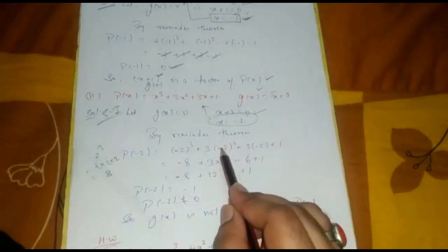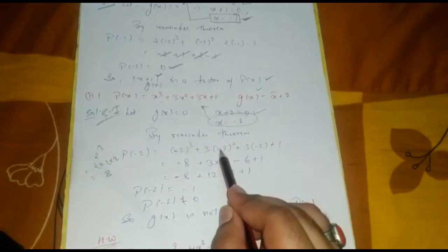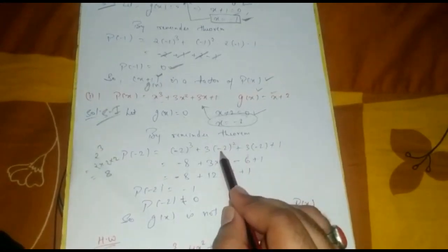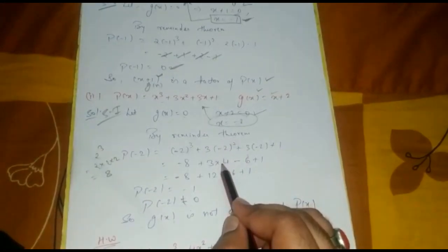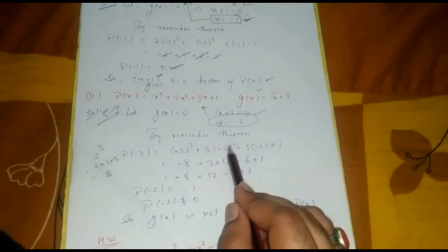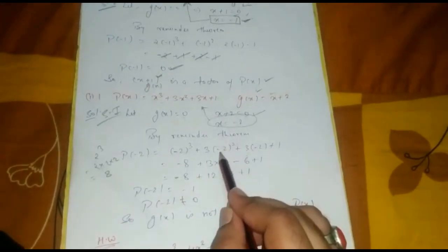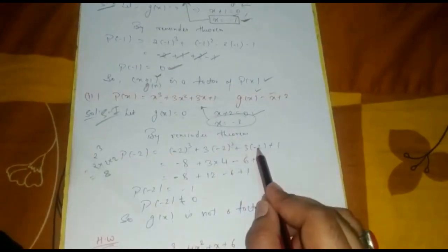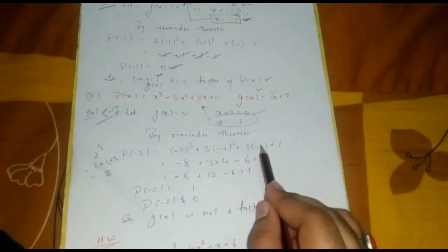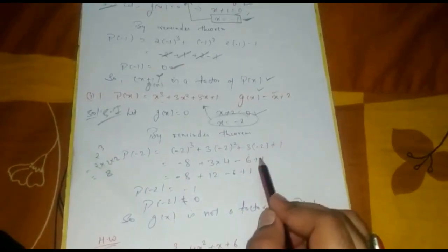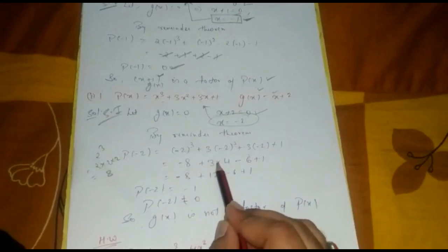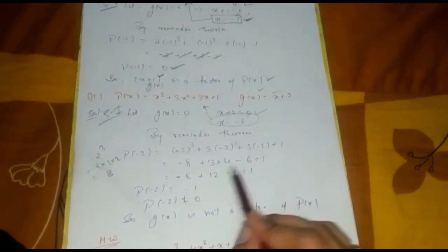Plus 3, square of a negative number is a positive number. If the power is even, the answer is positive, so 3 and square of 2 is 4, so 3 into 4. Plus into minus, minus 3 into 2, 6, simple calculation, plus 1. Minus 8 plus 3 into 4, 12, minus 6 plus 1.